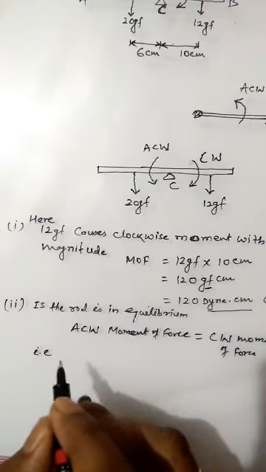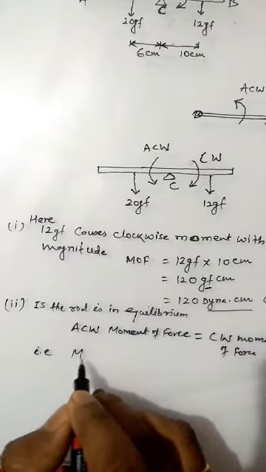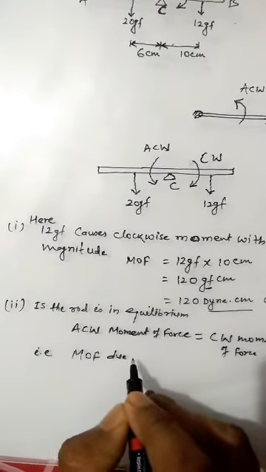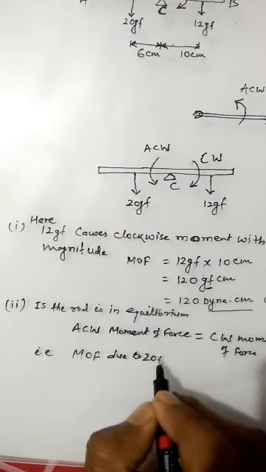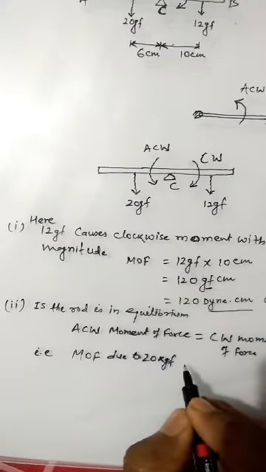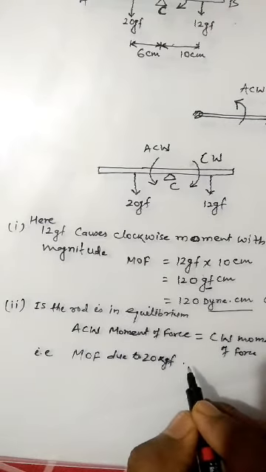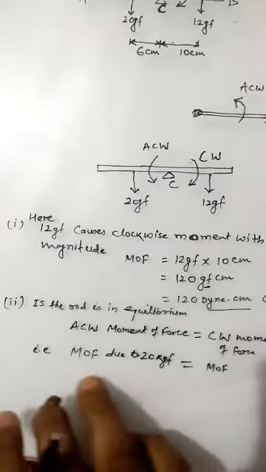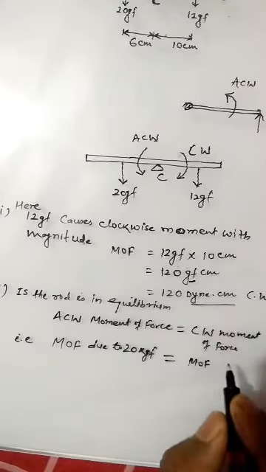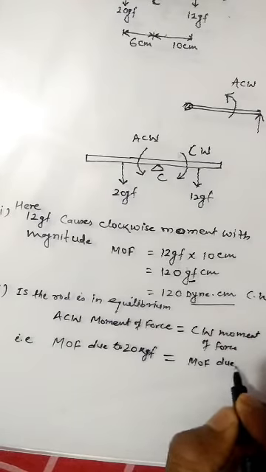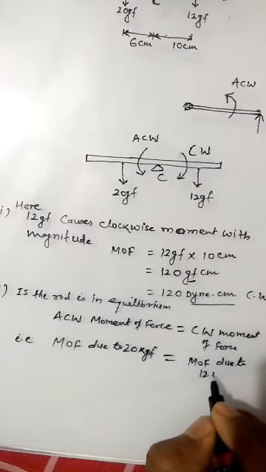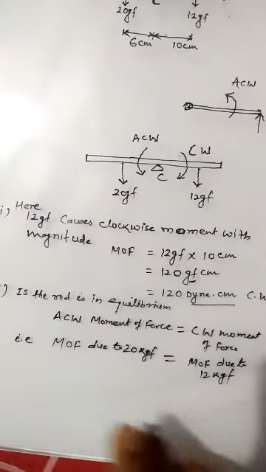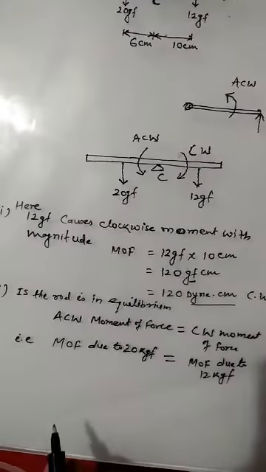That is, moment of force due to 20 gf will be equal to moment of force due to 12 gf about the pivoted end C.